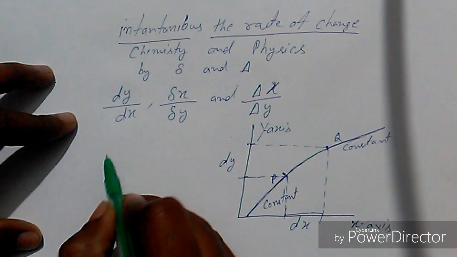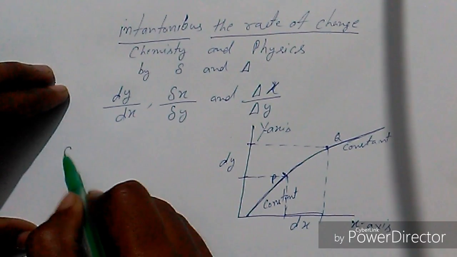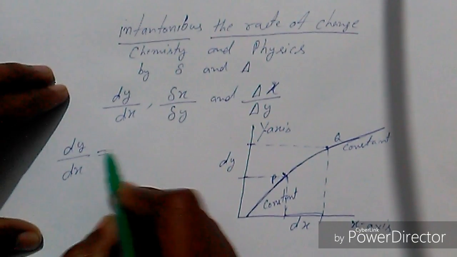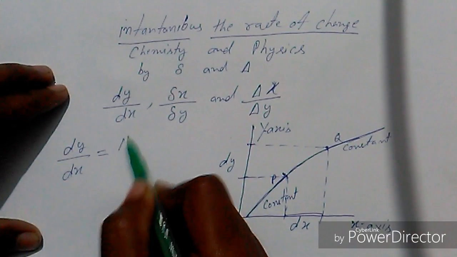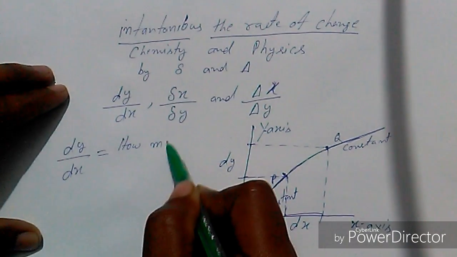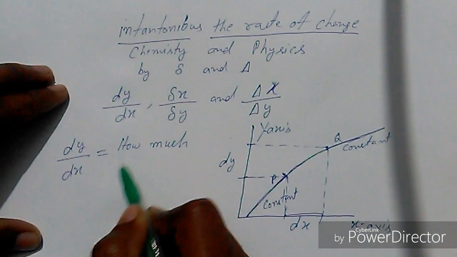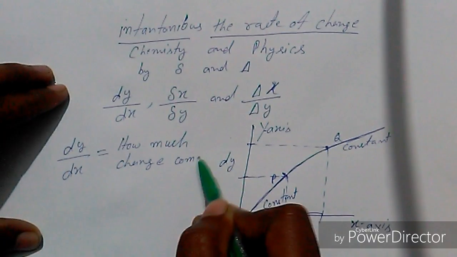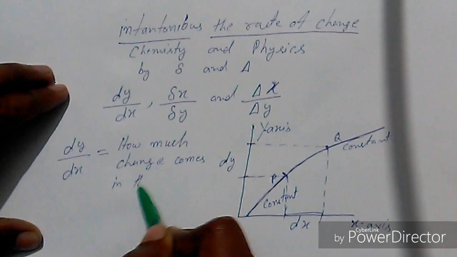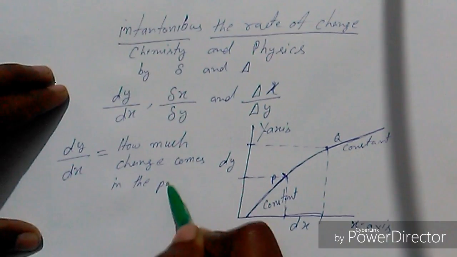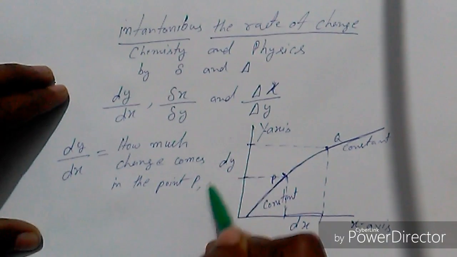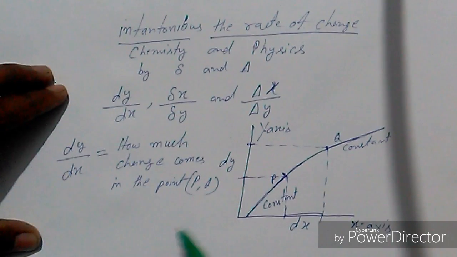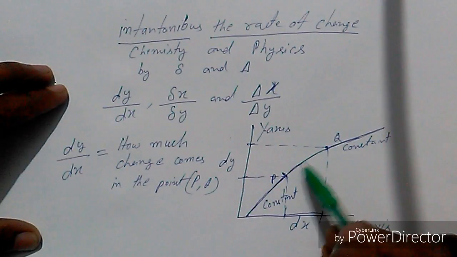We solve it by dy by dx, to find how much change comes between the points P and Q.